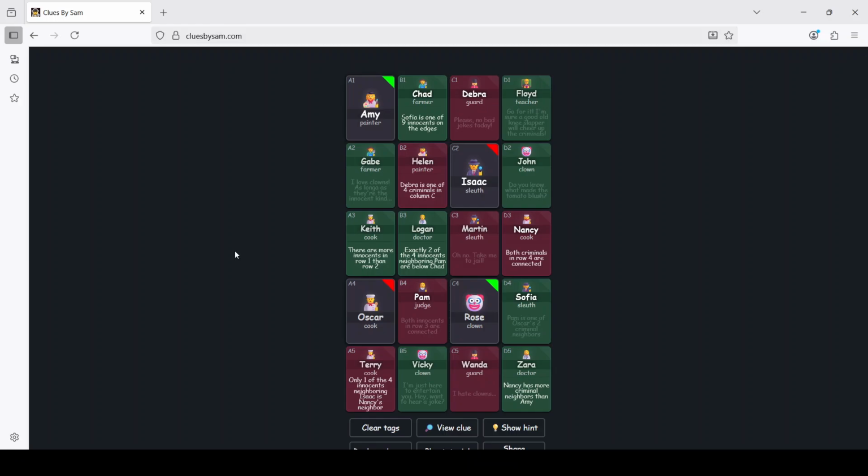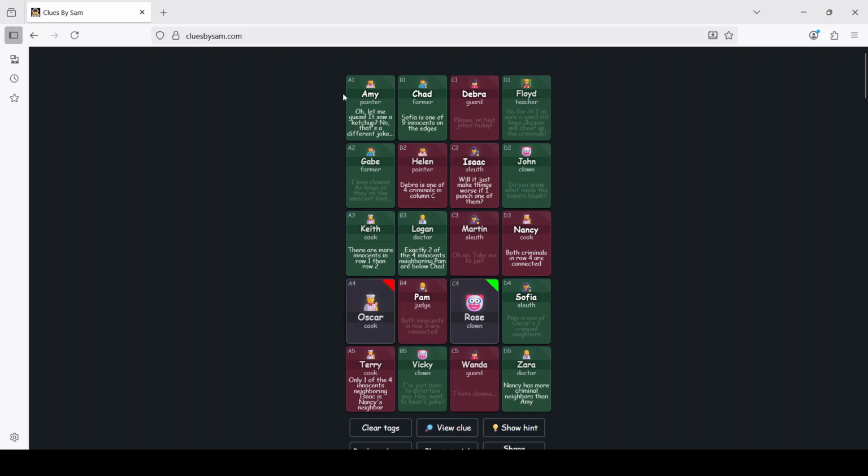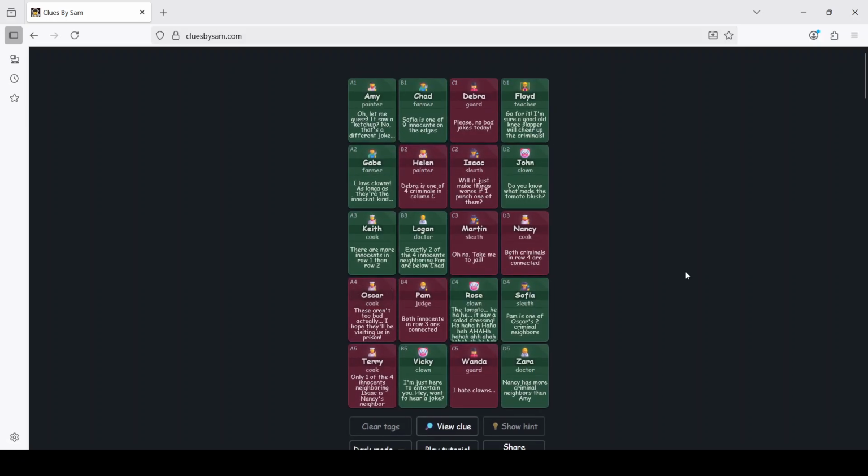So we also have now 2 innocents revealed in row 2 and 2 innocents revealed in row 1. That means Amy is going to be innocent. Isaac is going to be a criminal to make sure there's more in 1 than 2. And then from there, we do know that Rose is innocent and Oscar is a criminal.